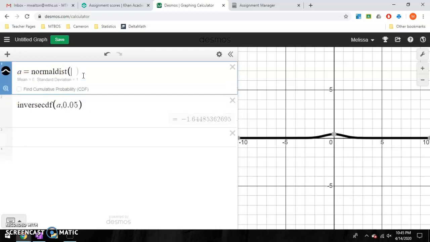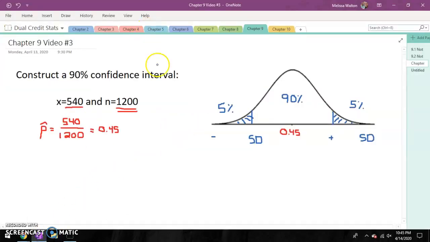Oh, sorry, I need to add those parentheses there. All right, so inverse CDF of the normal distribution and 0.05, we are looking for negative 1.64 standard deviations below.